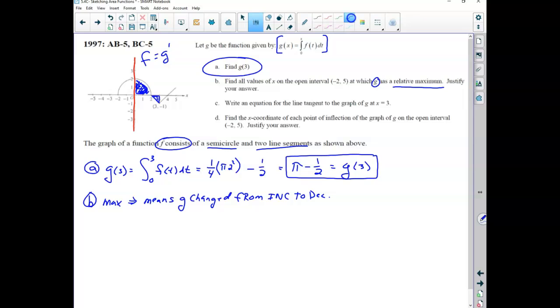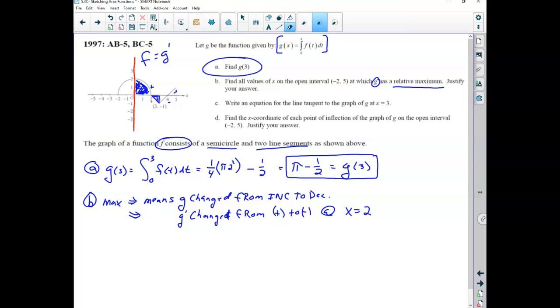They didn't give me g, or that implies g prime changed from positive to negative. Did g prime ever change from positive to negative? Well, I can see I'm positive here, I'm negative here. Ooh, g prime changed from positive to negative at x equals 2, right? And then over here at 4, I went from negative to positive. That would be a minimum there.